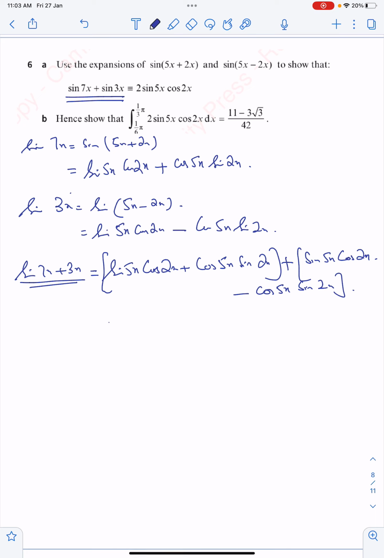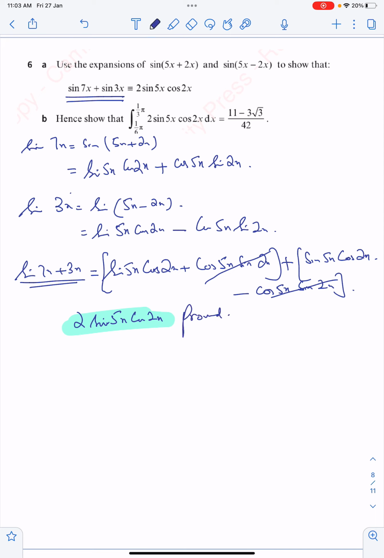When you open the bracket, you will get 2 sine 5x cos 2x, and this will cancel out, obviously. Okay, this is what we had to prove.